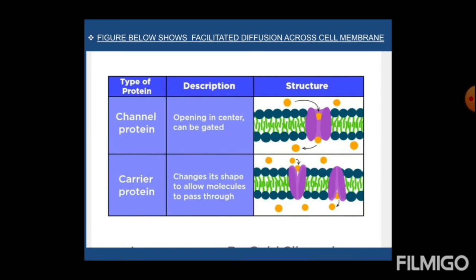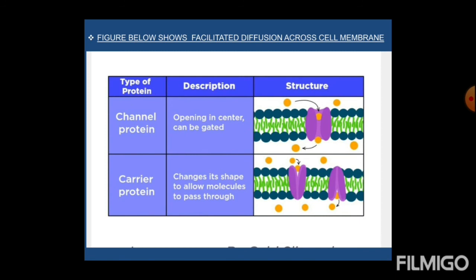Now with the help of a carrier protein. A carrier protein will help as a carrier, or as a friend. For example, see, a substance which has to cross the cell membrane, either to come inside or to go outside the cell. So what the carrier protein does is change its conformation. Conformation means shape.